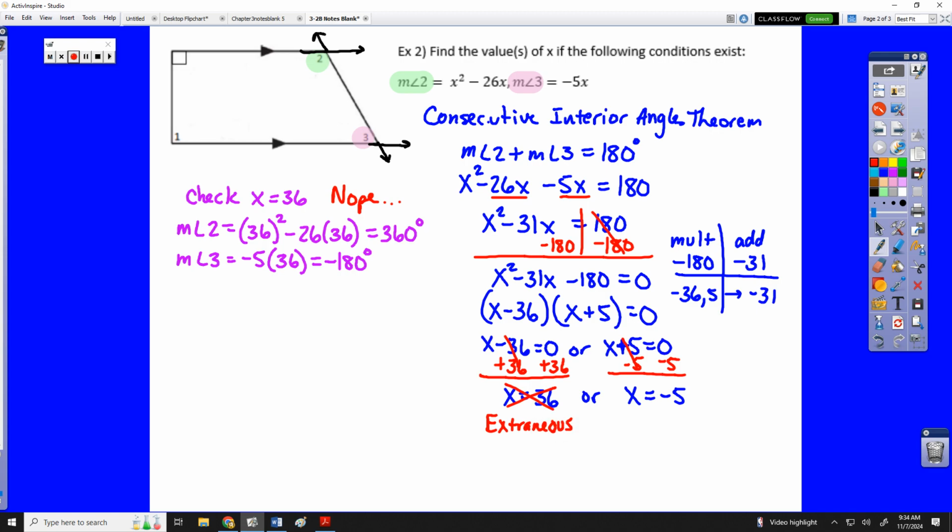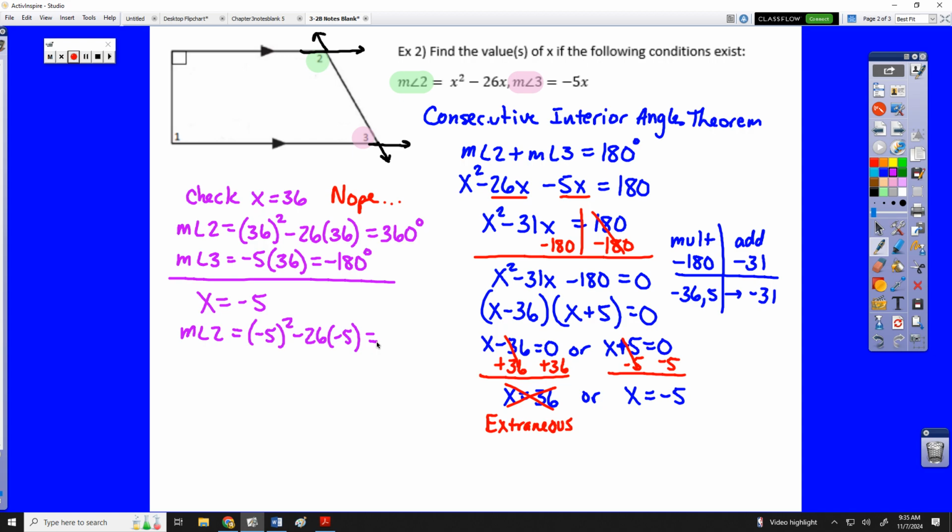Algebraically, it does work, but in the context of this problem, it does not work. So then we check the other one, x equals negative 5. The measure of angle 2 is negative 5 squared minus 26 times negative 5.